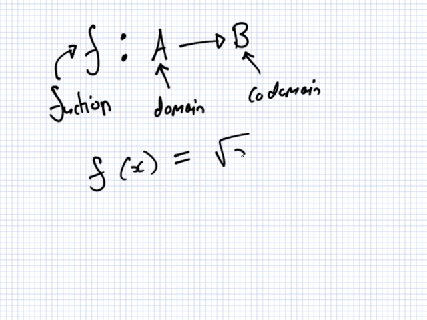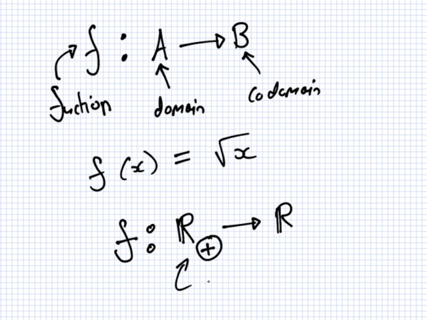Take this function, square root. Can you use any x in this function? No, you cannot use minus. So we say that this function takes a real number, yes, but only takes positive real numbers.